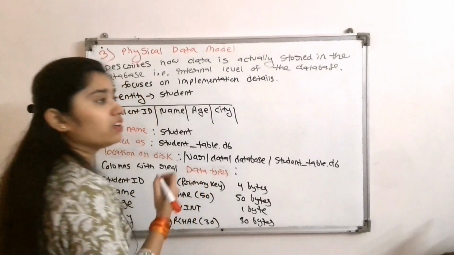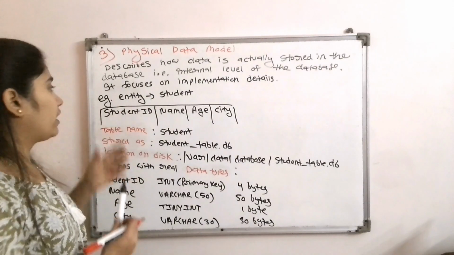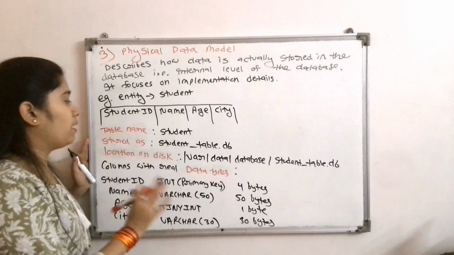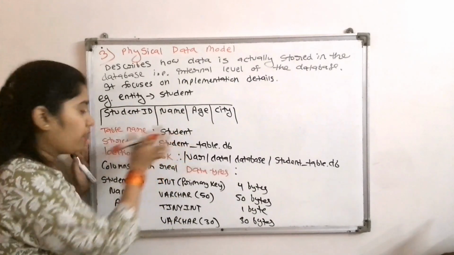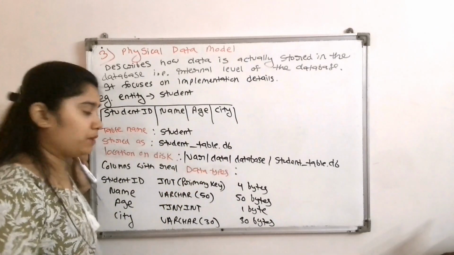So these are some of the details of our storage of this data. We have the student data, we have the student table. So the table name is student, where it is stored as the student table dot db.